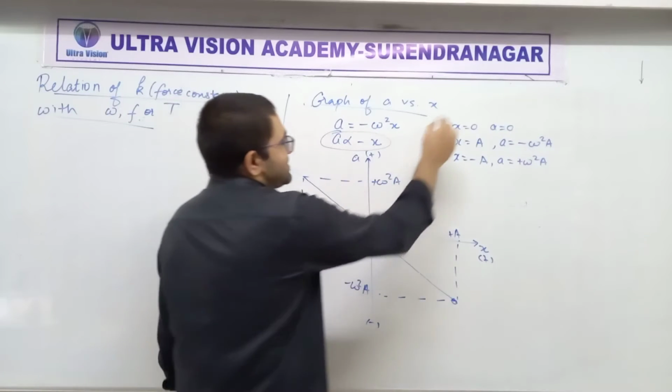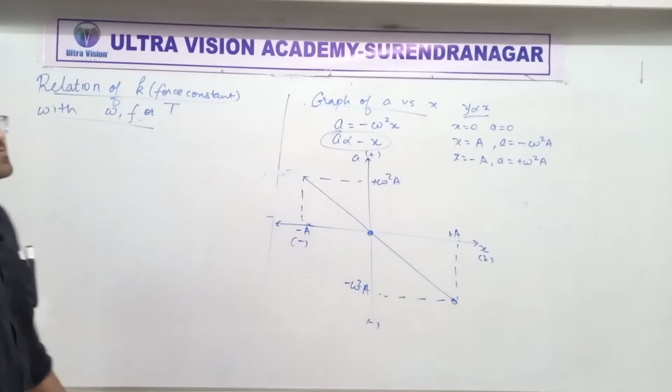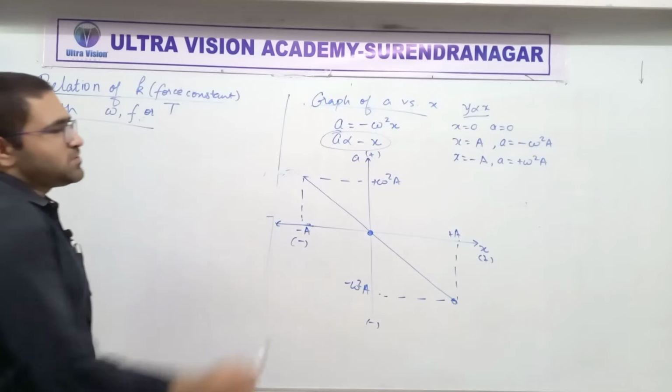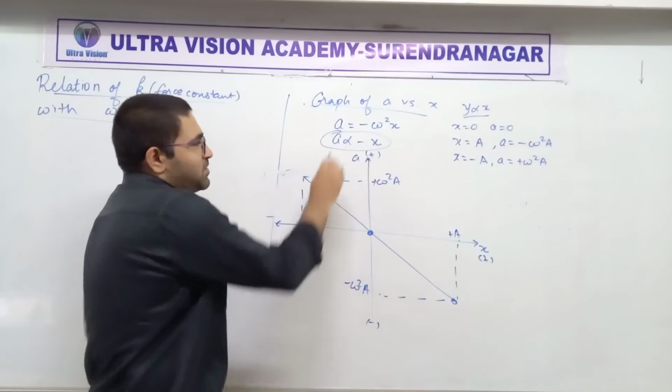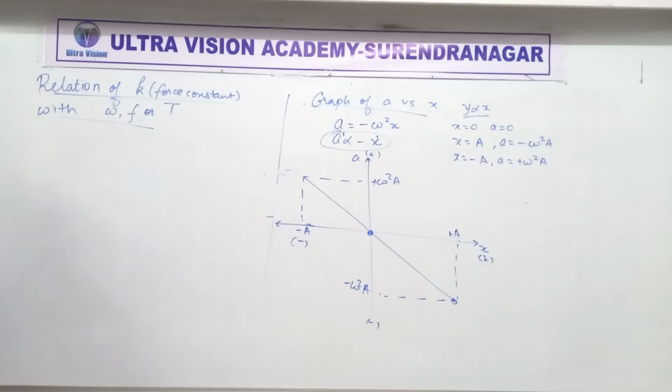This is linear. This is like y proportional to x. In that kind of situation, when you draw the graph of a versus x, because both their powers are 1, it's a straight line. Linear equation.